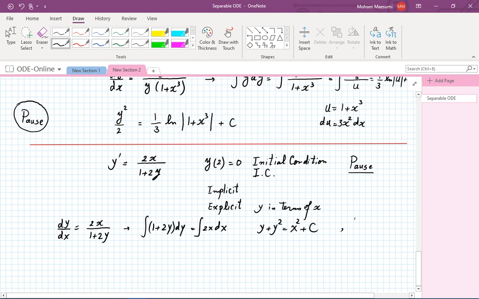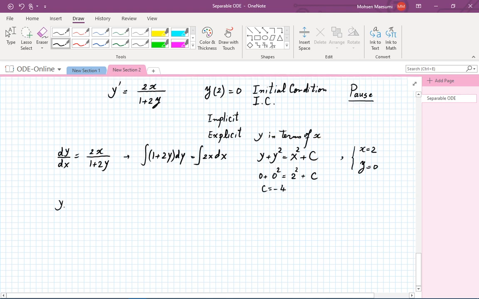Let's just remind ourselves who is what. This 2 is x, and you see that y is equal to something. That is what our y is going to be. So if y is replaced by 0 and x is replaced by 2, then c should fit in that equation. Well, obviously c turns out to be minus 4. So far we have y plus y squared is equal to x squared minus 4.